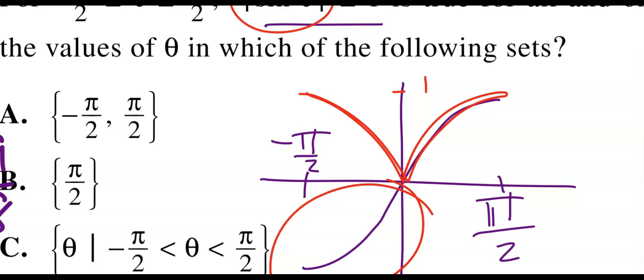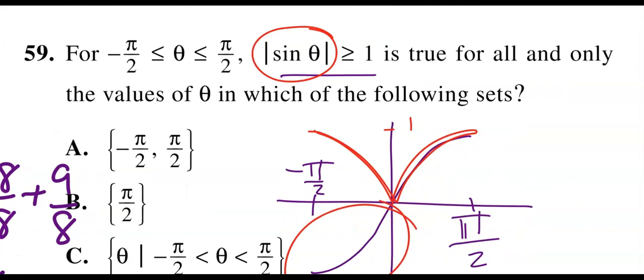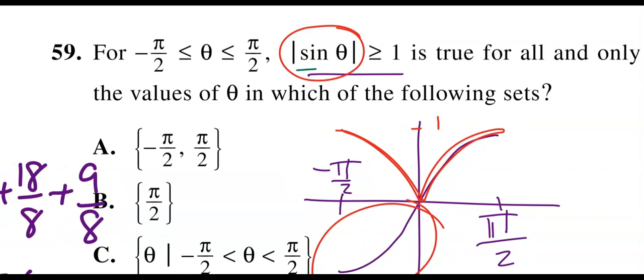Now, let's see if we can understand their question. When is this function, the absolute value of sine theta, greater than or equal to 1? Well, that's y equals 1 there, folks, right? I don't think there's a whole lot of greater than going on here.